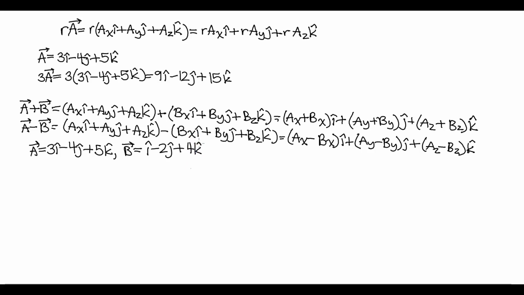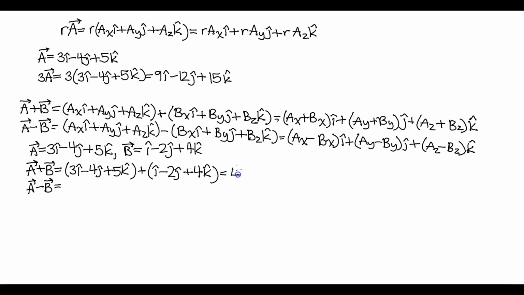What we want to do is find both A plus B and A minus B. Now, A plus B is equal to 3i minus 4j plus 5k plus i minus 2j plus 4k.